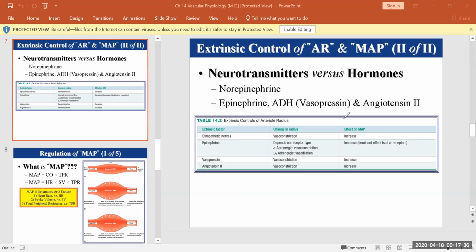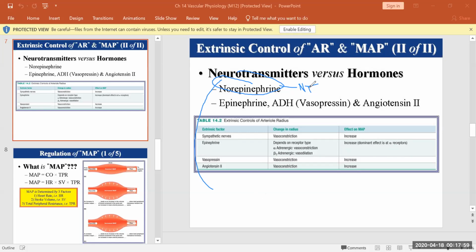This table here, you're going to learn it as is. I'm going to emphasize something here because it's not really clear. The norepinephrine is released as a neurotransmitter, NT, right?